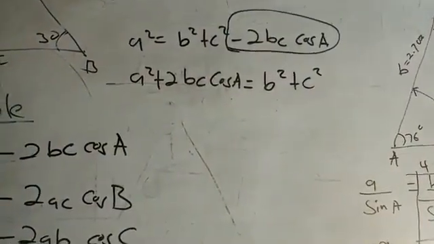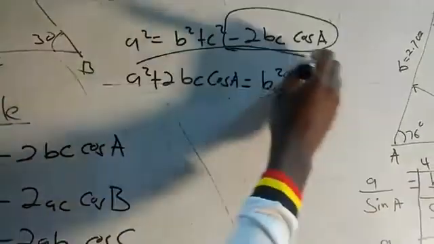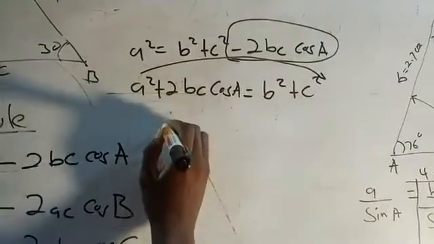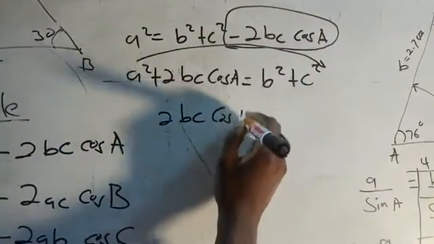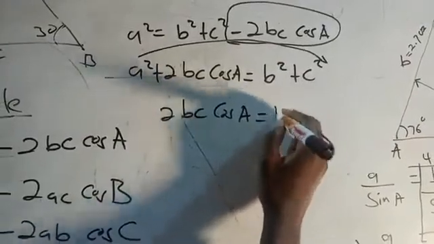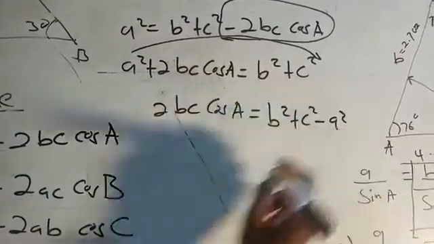So we take a squared to the other side, becoming 2bc cos A equals b squared plus c squared minus a squared.